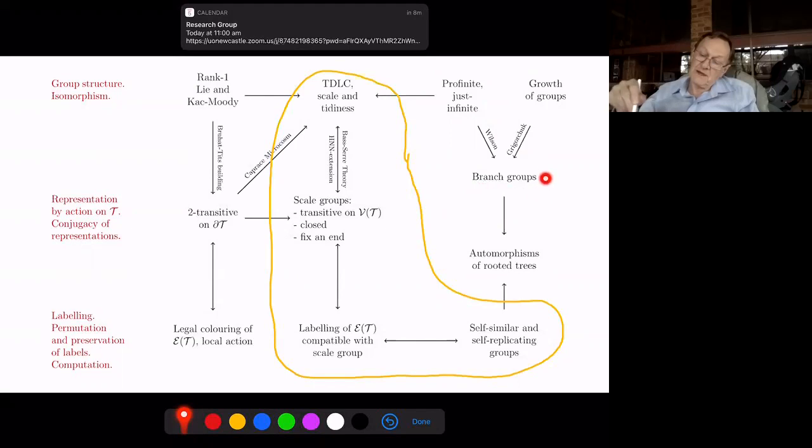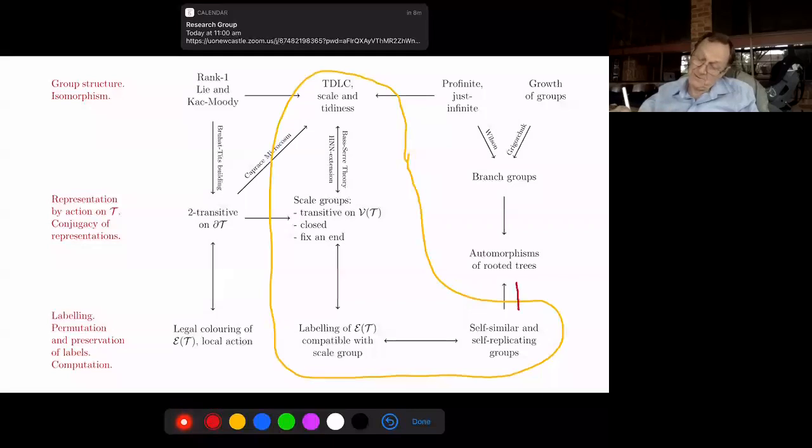So from that we get the idea of a branch group, which is a group acting on a rooted tree, and the self-replicating and self-similar groups come, I think, originally from the study of these branch groups. I should perhaps put an arrow here as well.